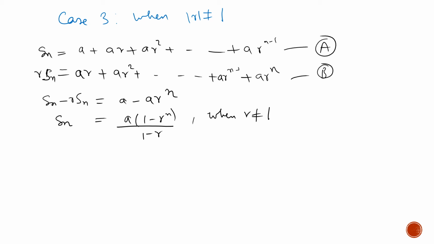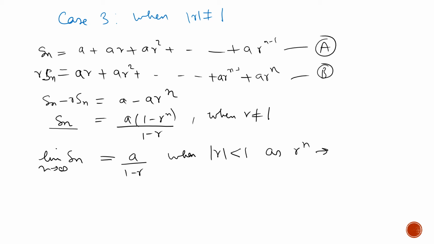So if you find the limit of Sn for n tending to infinity, this will be equal to a upon (1 minus r) when mod of r is less than 1, as r to the power n will go to 0 as n tends to infinity.